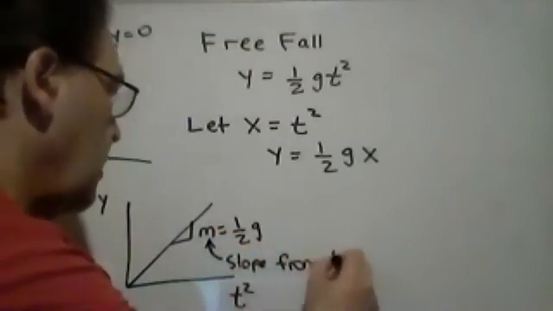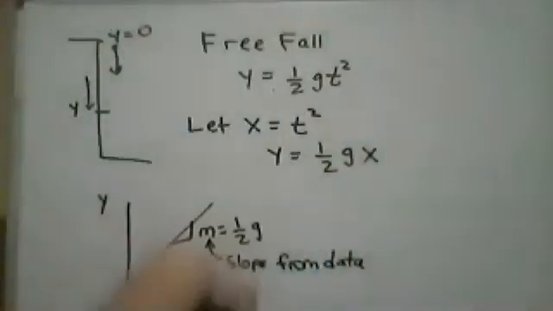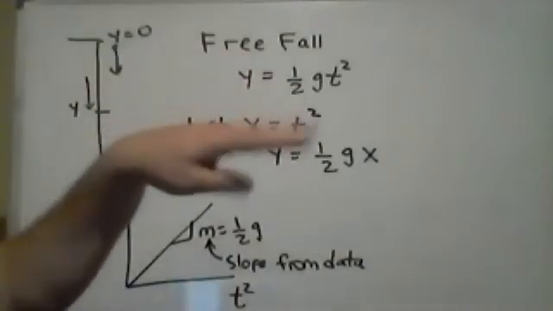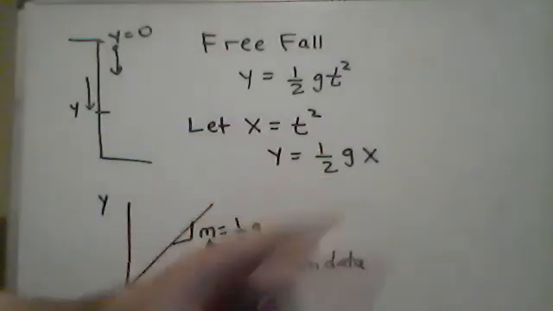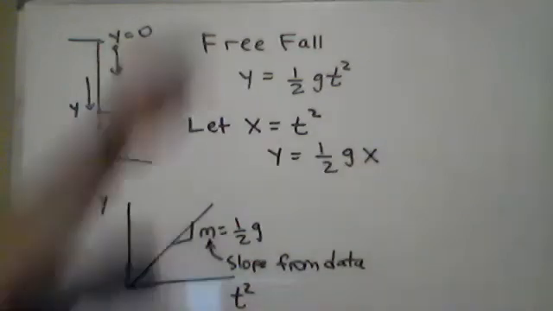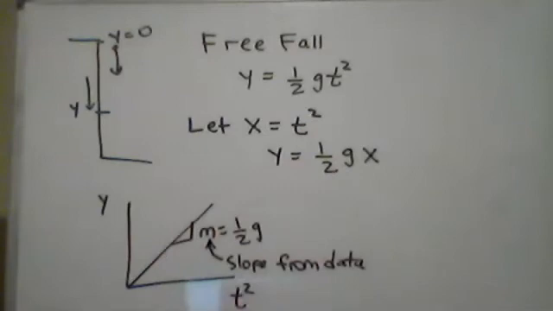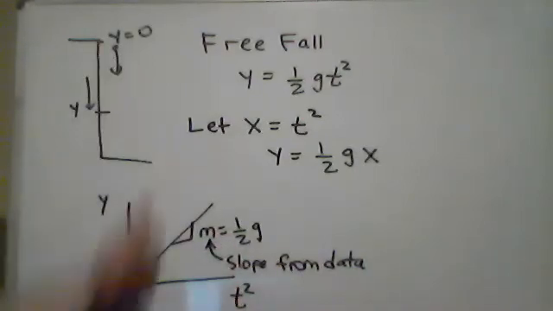Okay, I'm in the lab and I'm dropping marbles through this tube, and I have an electronic sensor feeding a computer, giving me the time it took to get from one point to another in the tube. That's what you do in the lab. I get that data and I figure out how much time transpired. I put that into my Excel, I square it, and I graph y versus t squared.